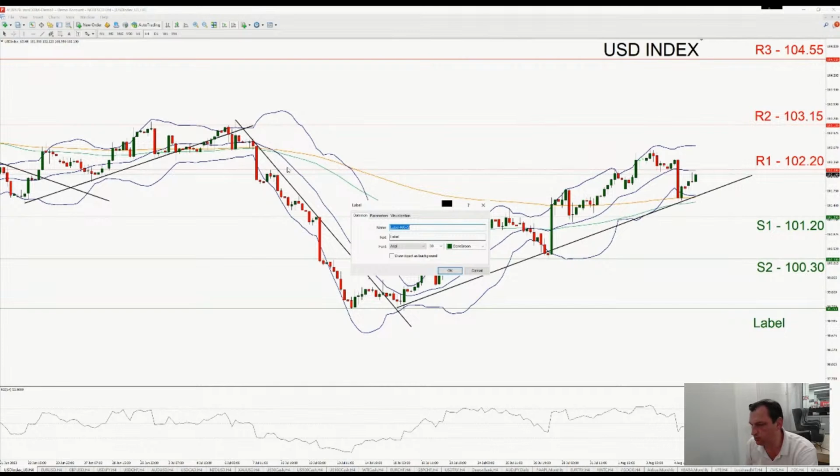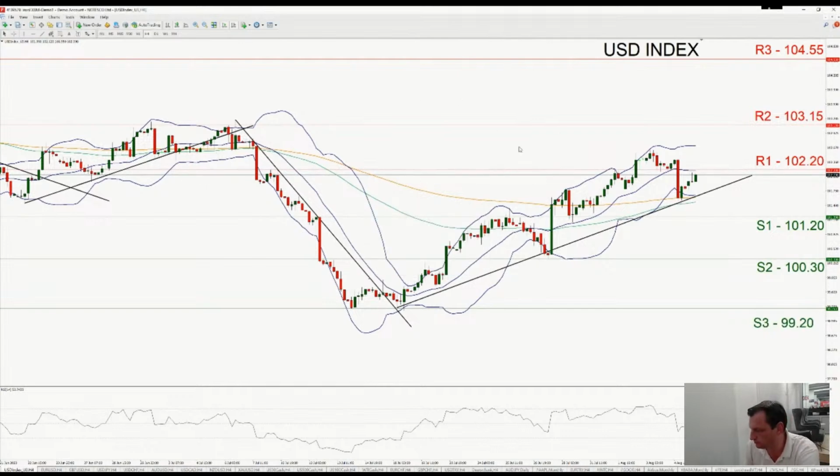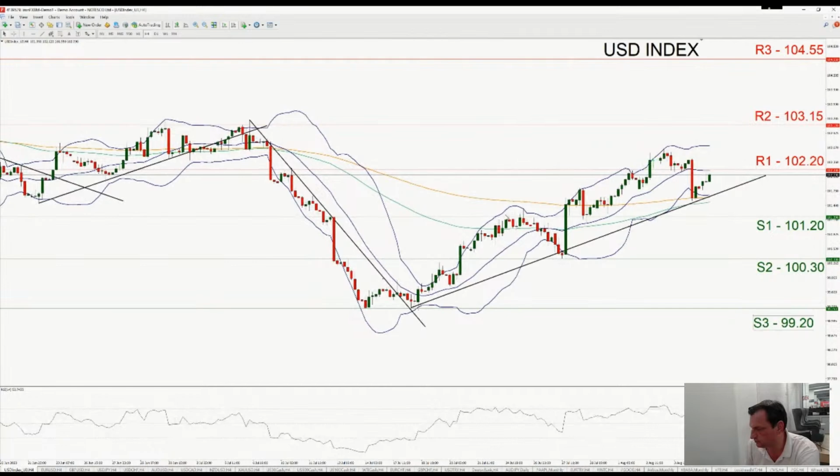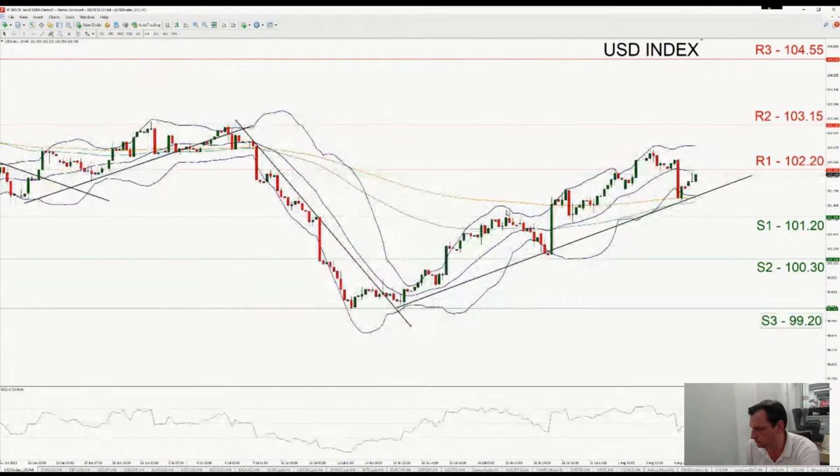And final support line S3 at 99.20. That's it. So let's talk direction.